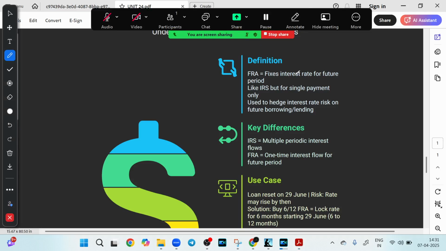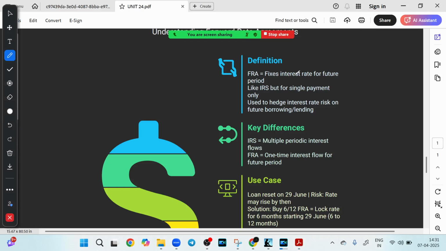So if you are worried that interest rates will rise in the future, and you have just taken a loan, then you can go into an FRA.